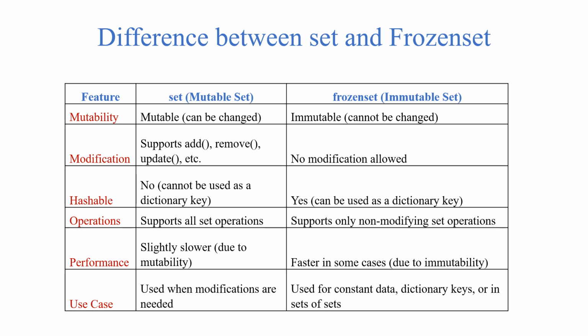A set is not hashable and cannot be used as a dictionary key, but a frozen set can. A set supports all set operations, while a frozen set supports non-modifying set operations. A set is slightly slower, a frozen set is faster. A set is used when modifications are needed. A frozen set is used for constant data, wherever you want data integrity.